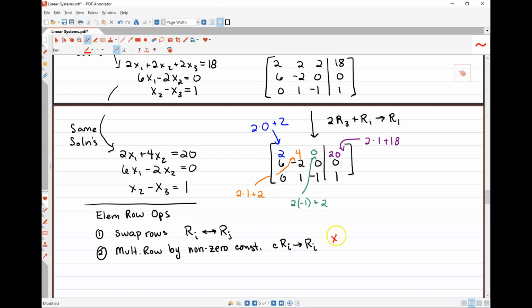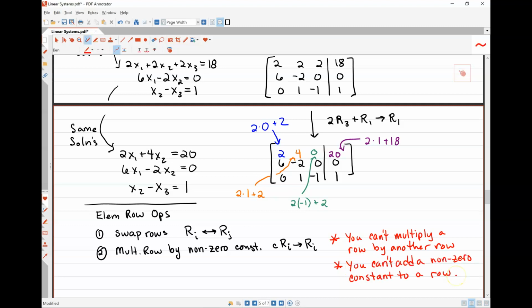I want to make an alert here because I find a really common error is trying to multiply rows together. Another thing you can't do is this: you can multiply a row by a non-zero constant, but you cannot add a non-zero constant to a row. You should think about why. Think about how that would change the linear system and play around with it a little bit.